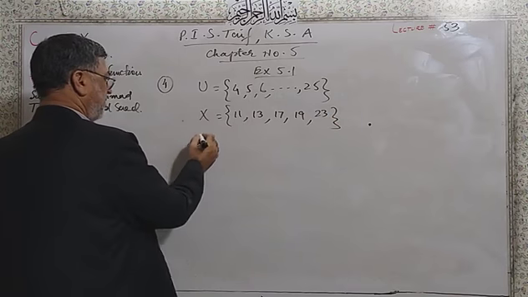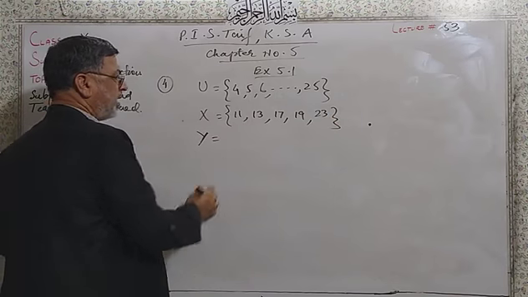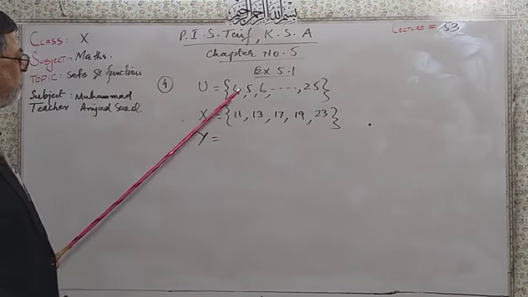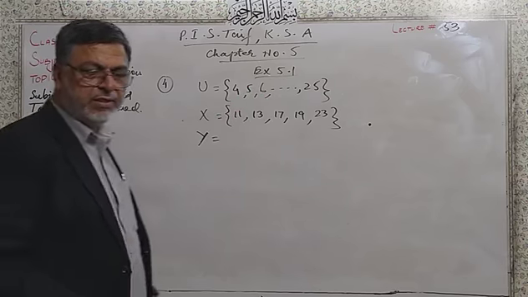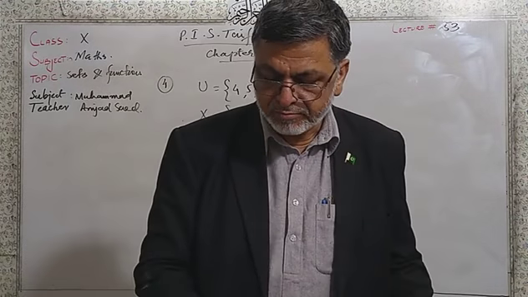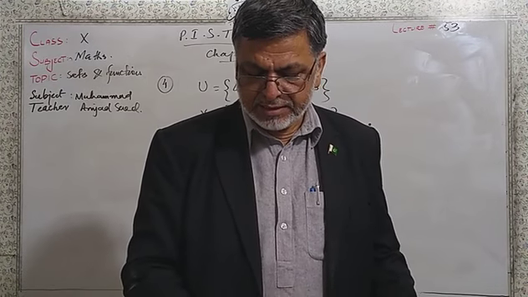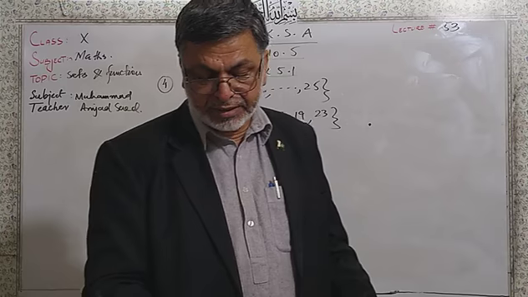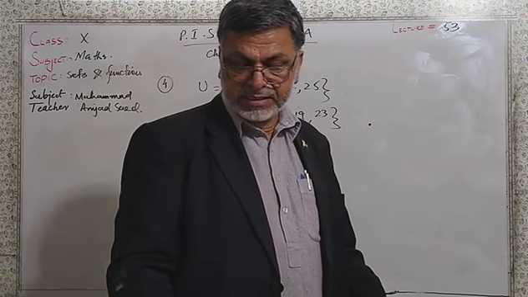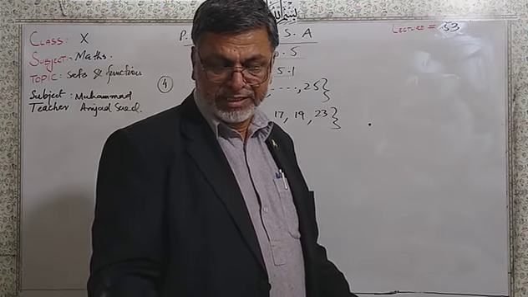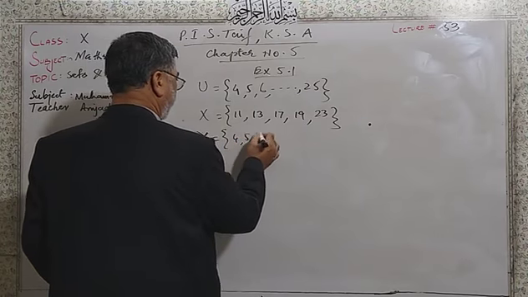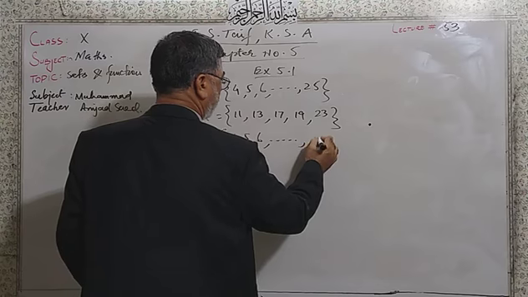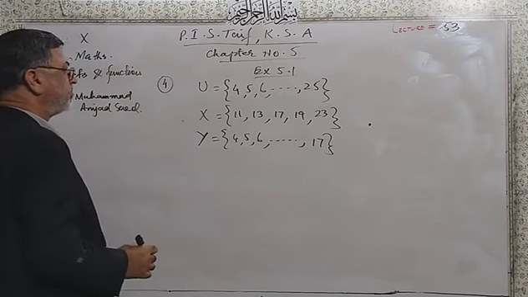So this is the set of prime numbers greater than 8 and less than 25. What is Y? Y is the set of whole numbers, where x is from 4 to 70. 4, 5, 6 up to 70.